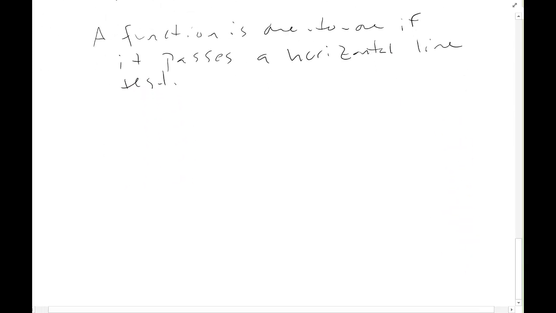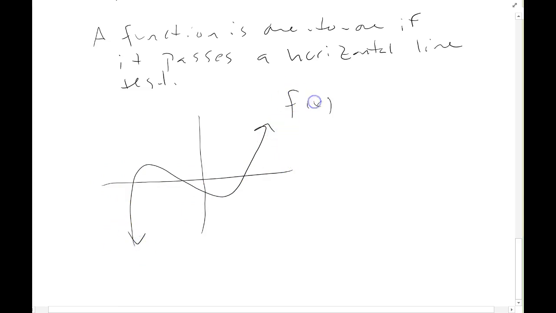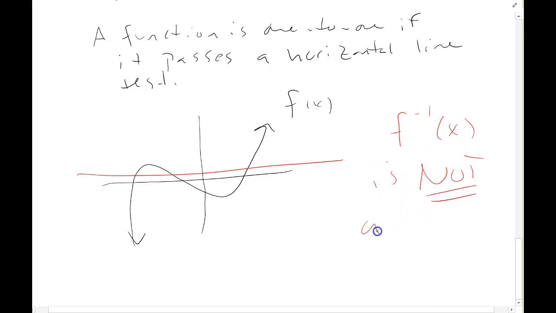So to tell if something passes a horizontal line test, I can just look at the function. So let's say we're talking about this as my function f of x. I can see that this function f of x definitely does not pass a horizontal line test. So we can say that f inverse is not a function because f of x is not one-to-one.